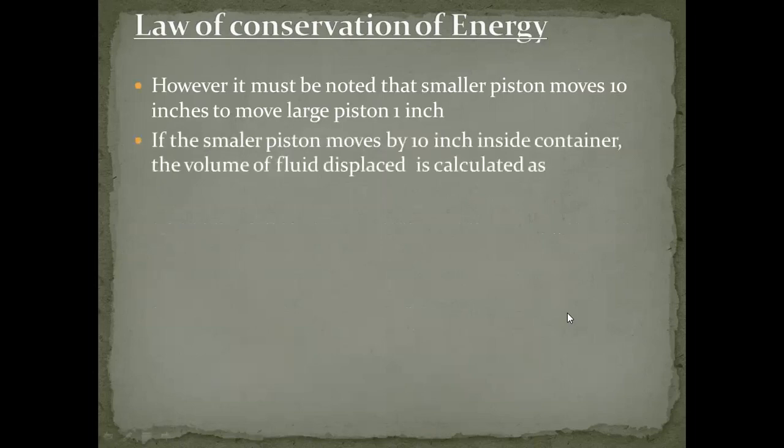If the smaller piston moves 10 inches inside the container, the volume of fluid displaced is calculated as volume equal to piston area multiplied by distance. The piston area is 1 square inch and the distance moved is 10 inches, so the total volume displaced is 10 cubic inches.